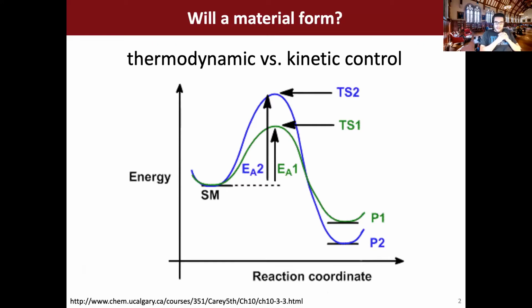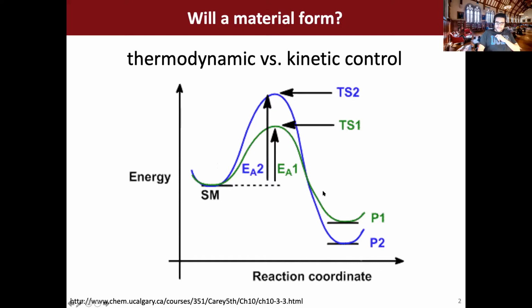There are two types of controls that dictate whether a material is going to form: the thermodynamic control and the kinetic control. This picture might look familiar from chemistry, of how you look at product reactions. You have your reactants and your product, and you have to look at the energy landscape of how you get there.